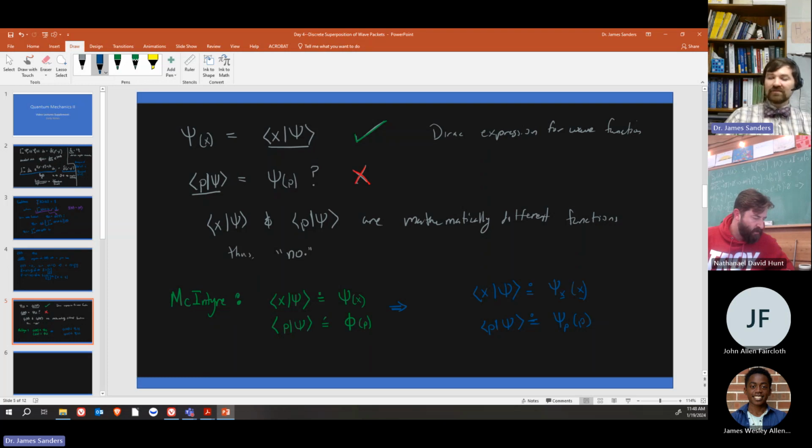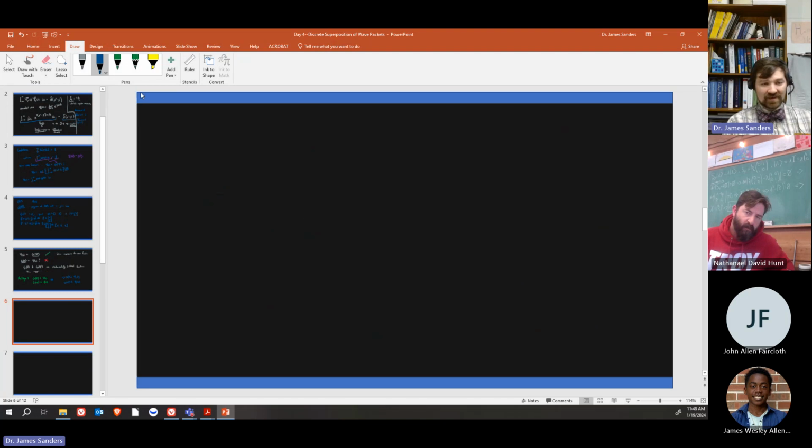So how do we get from one to the other, whether you prefer the McIntyre notation or my notation? How do you get from, say, this to this, or vice versa? The uncertainty principle?